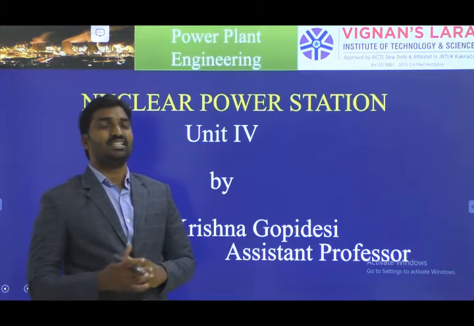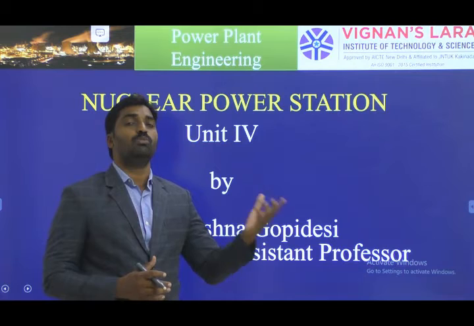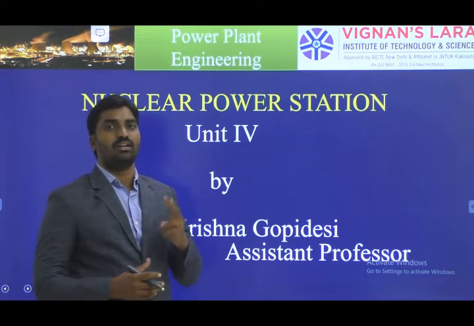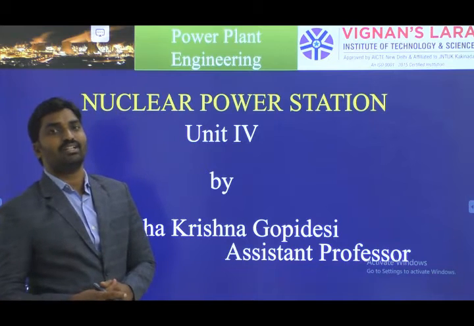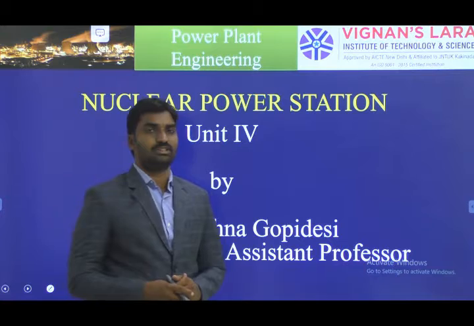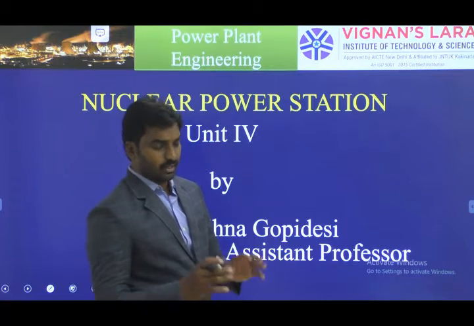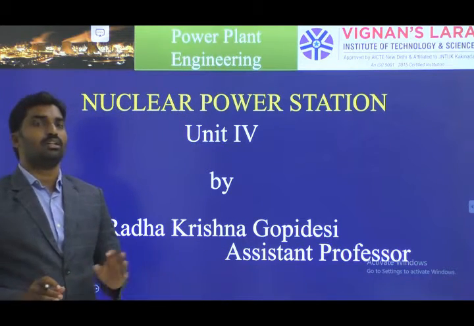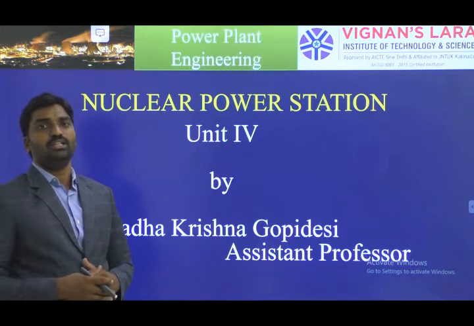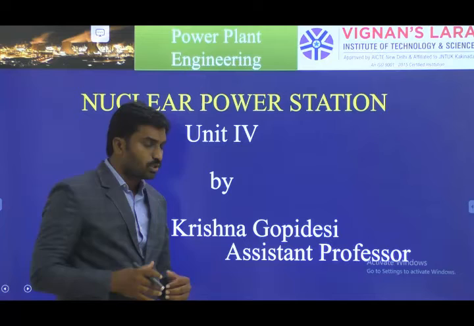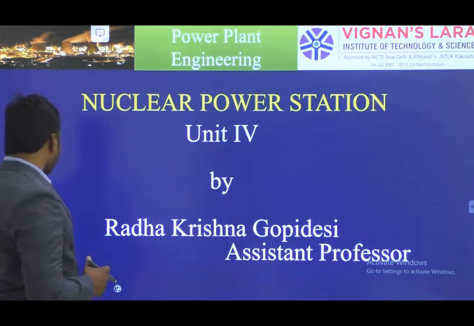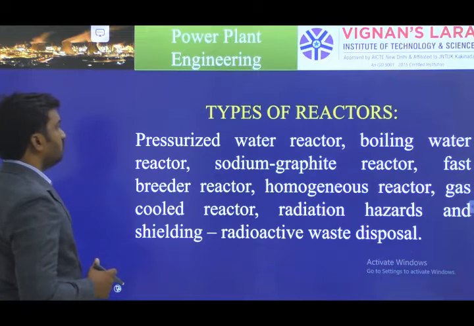In the present session we are discussing a few more nuclear reactors. Especially in this class we are focusing on two reactors: one is the boiling water reactor and the second is the fast breeder reactor. In any type of reactor, we are discussing the coolant. Firstly, we focus on the boiling water reactor, where we use light water.